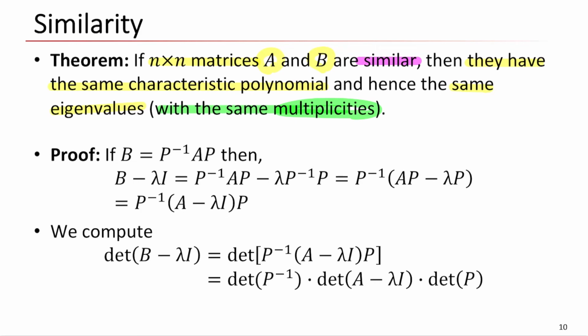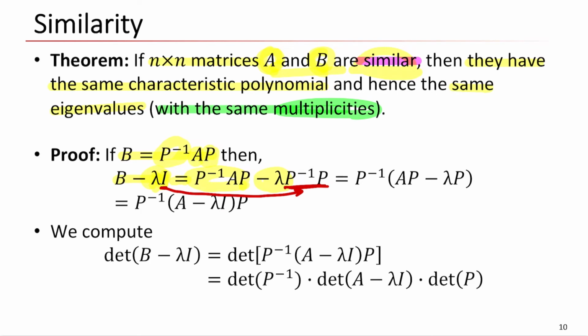First of all, if matrix A and matrix B are similar, we can represent B as P inverse times A times P, right? Then to find the characteristic equation, we can write B minus lambda I. Then it is equal to P inverse A P minus lambda I. But we can decompose the I into P inverse P, right? It's very easy.